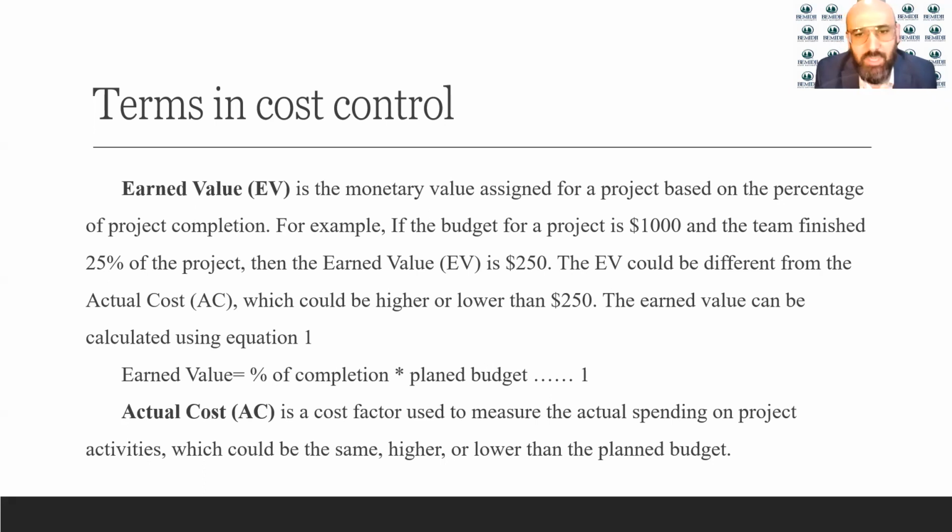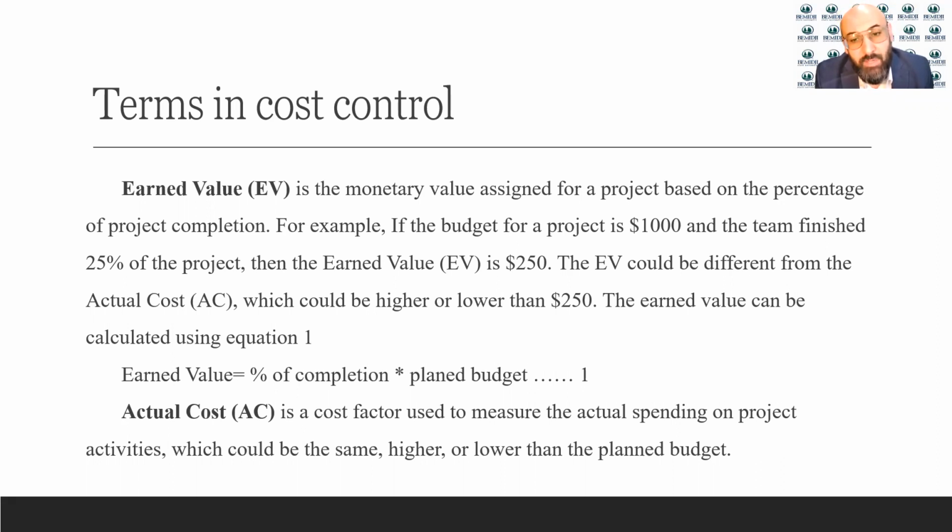Here is a quick example to understand what the earned value is. If the budget for a project is $1,000 and the team finished 25% of the project, then the earned value would be $250, which means 1,000 times 25%.